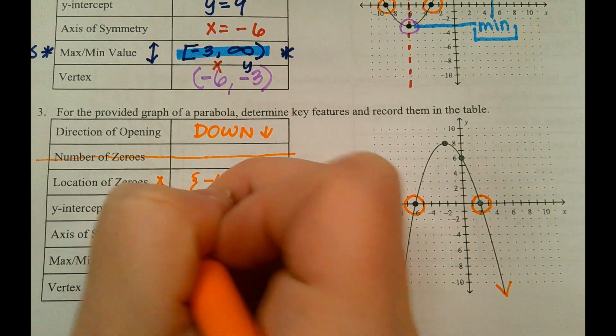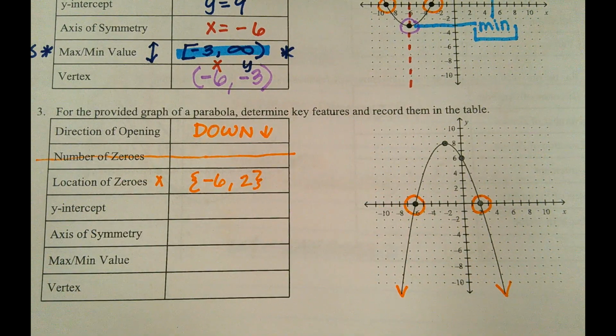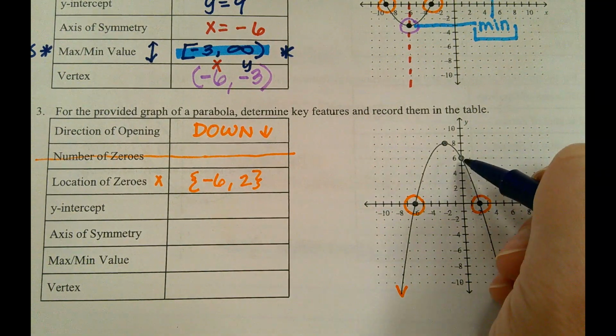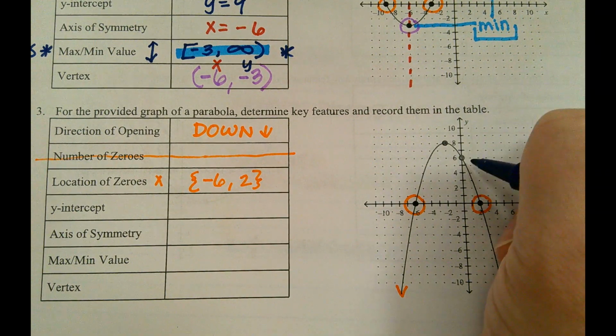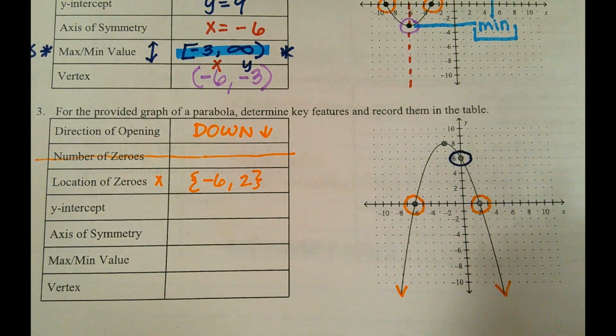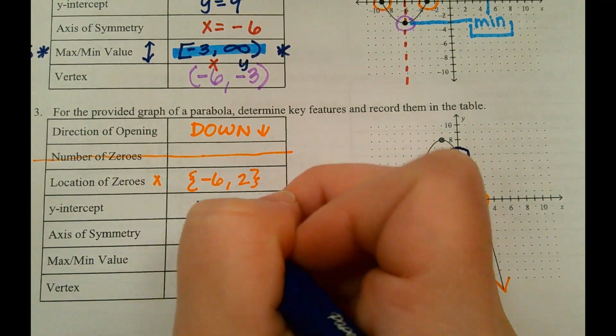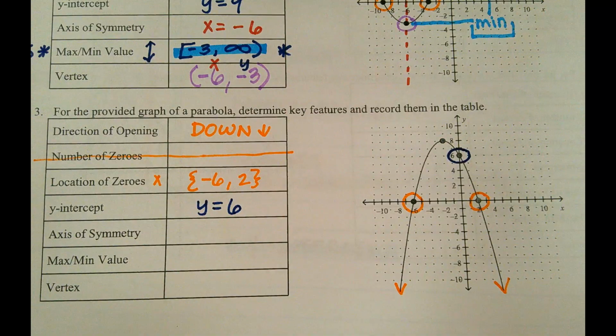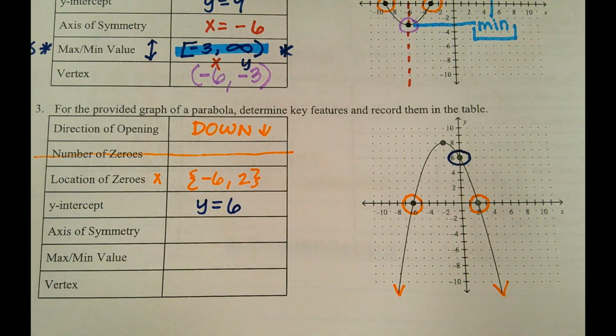So my x's. Where is my y-intercept? 6, right here. That's just the y-axis, that's 6. So y equals 6.